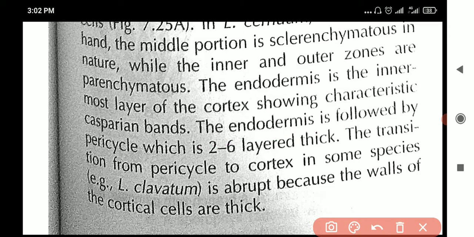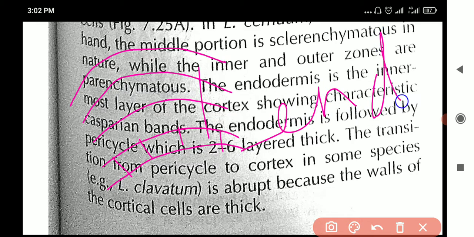Okay, let me say again. You had the epidermis, then you have the thick, normal, and again thick cortex. Then you have endodermis, which has what? Casparian band. Then after the endodermis, you will have one layer of what?